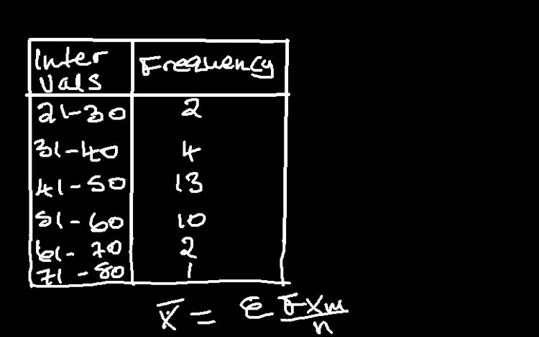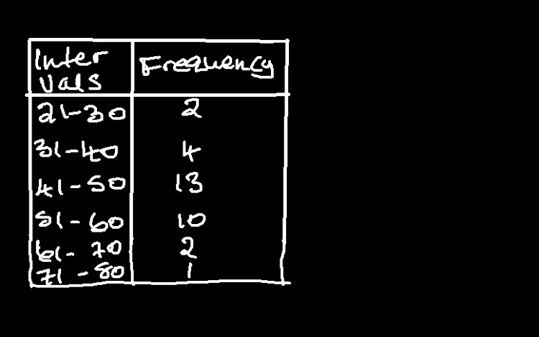For a given group, it is the frequency times the midpoint, plus the frequency of the next group times its midpoint, and so on until all groups have been added, completely divided by the summation of the frequency, which is the value of n.